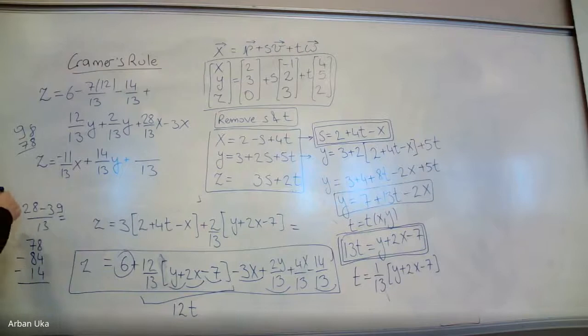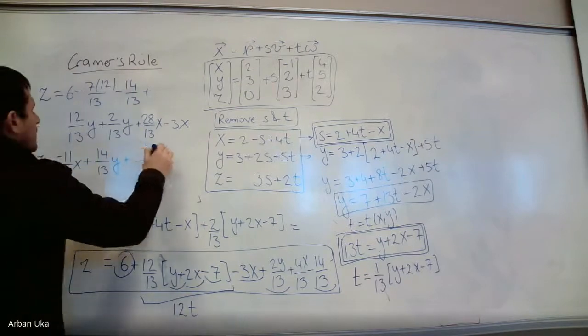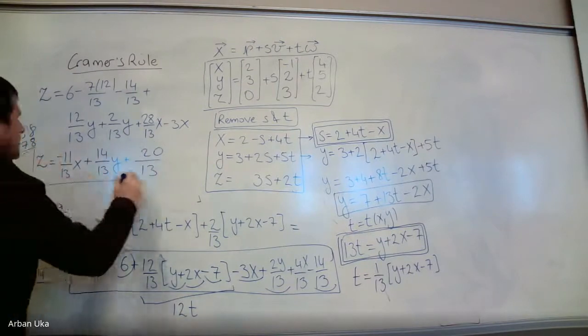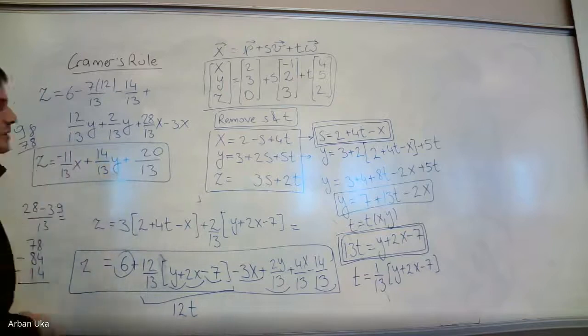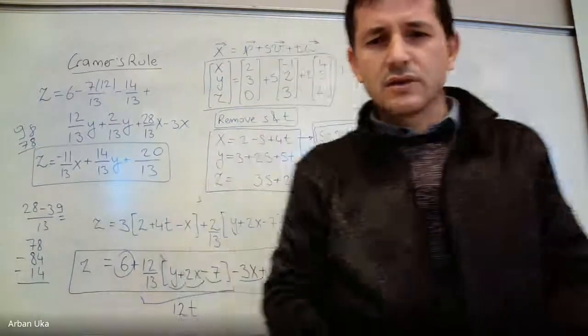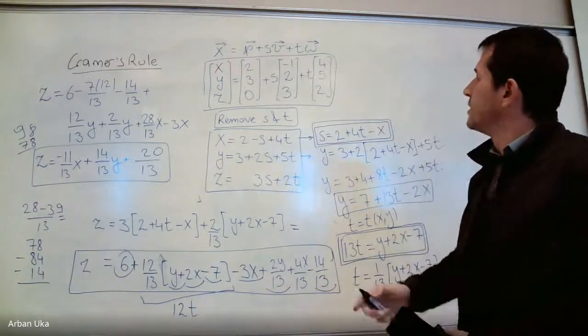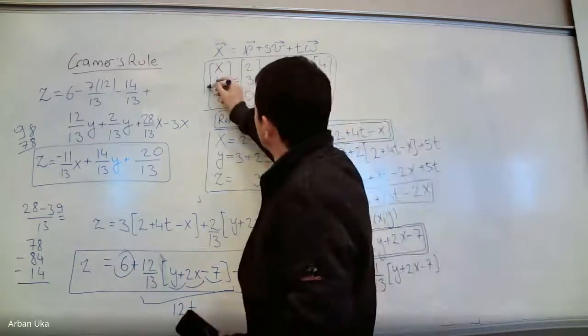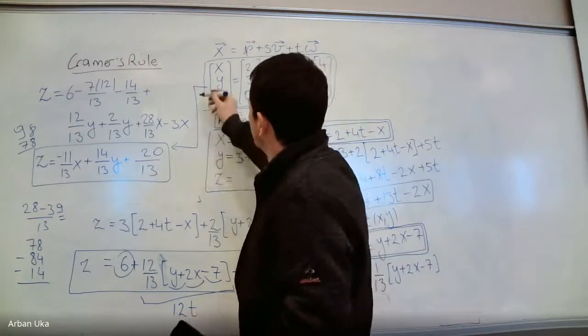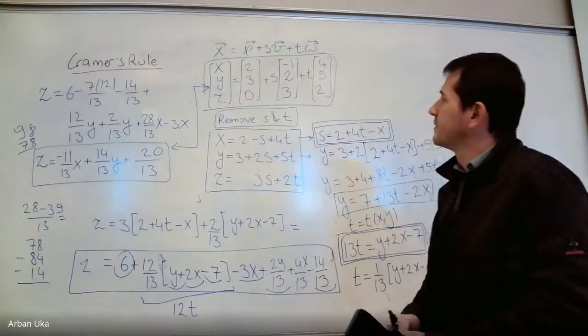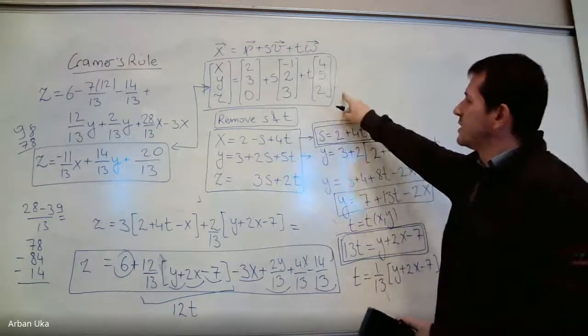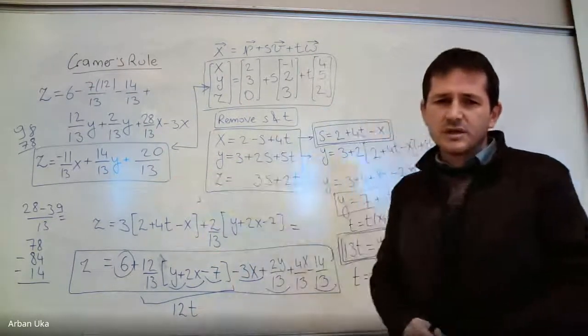This is 20 plus 20 over 13. So this is the equation of the plane in Cartesian coordinate representation. So this plane here and this plane here, they are the same. Okay? This is the parametric representation, and this is the Cartesian representation.